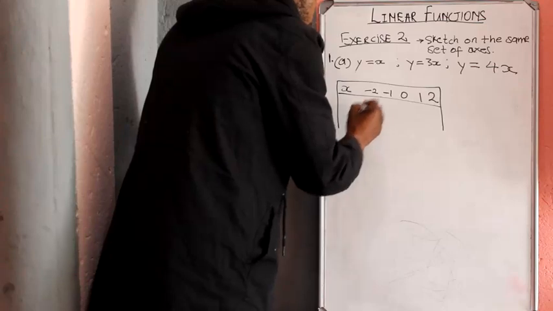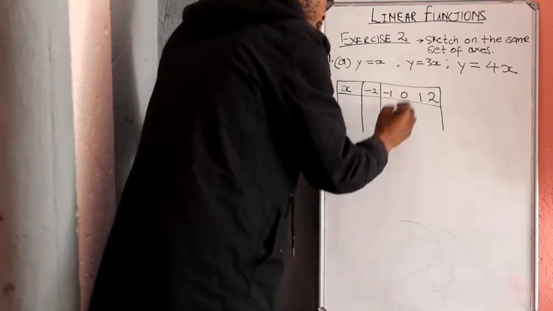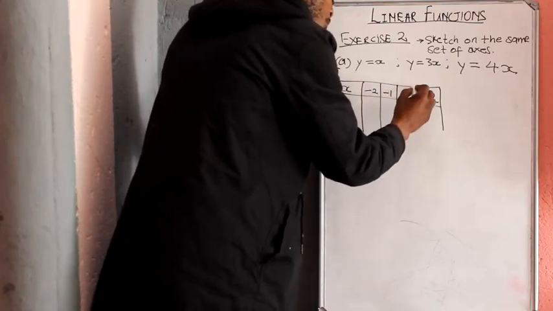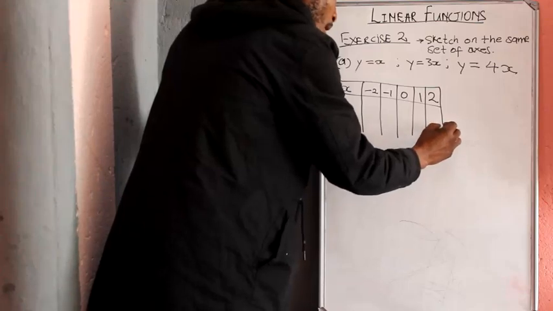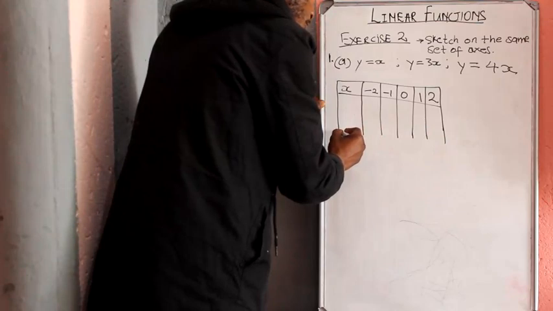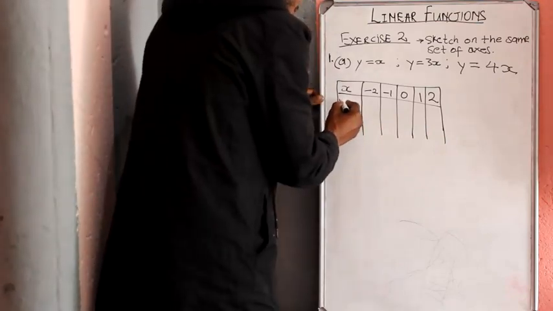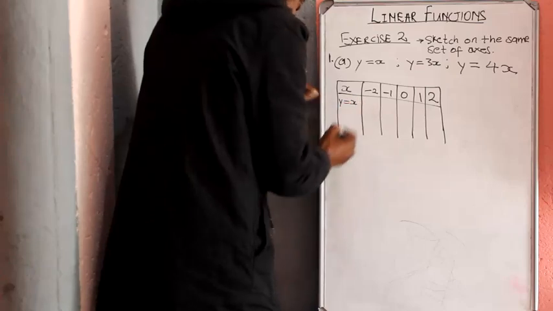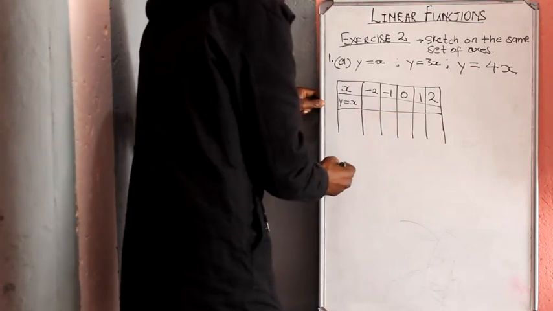With those values, you're going to substitute them into the above equations in order to find your y values. Remember, the first equation is y equals x, so we substitute the value of x and find y.